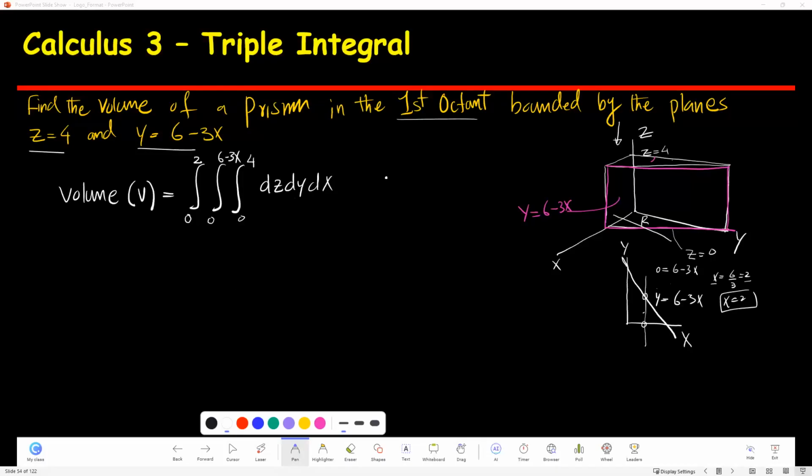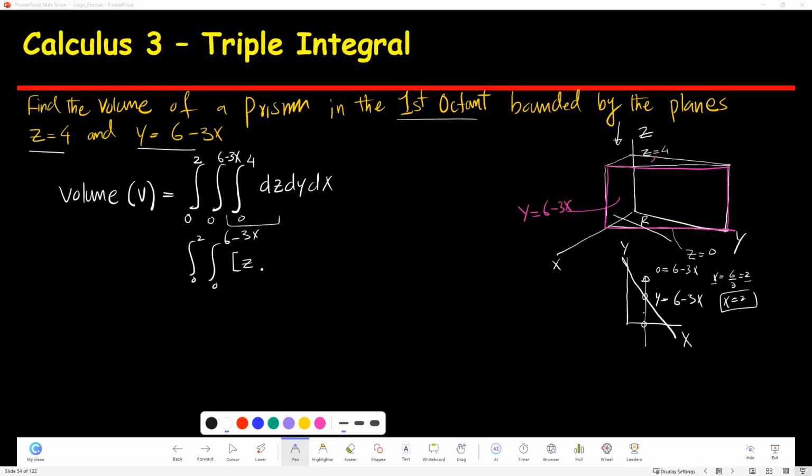Just to re-emphasize, you must be making these diagrams and making these lines, called the vertical test, to cut off these planes to find those intersection points. Otherwise, you're more likely making some mistakes. So I'm going to be doing this from 0 to 2, then 0 to 6 minus 3x, and then take the integral of this one.